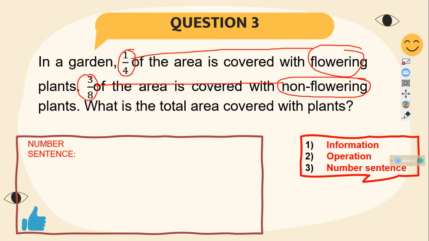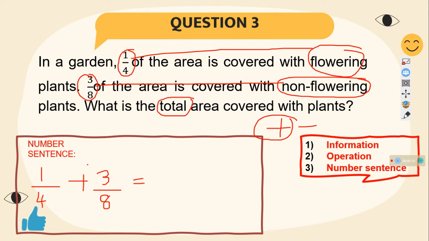And the question asks, what is the total area covered with plants? So which operation do we use? Plus or minus? Absolutely correct. We use addition, or plus. So the number sentence is 1 over 4 plus 3 over 8. Okay, this is the number sentence.